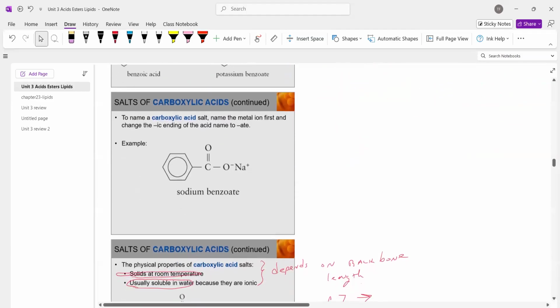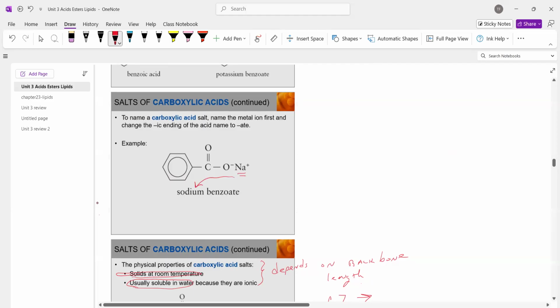Okay, so to name a salt, we have to name this cation here. In this case, it's sodium.